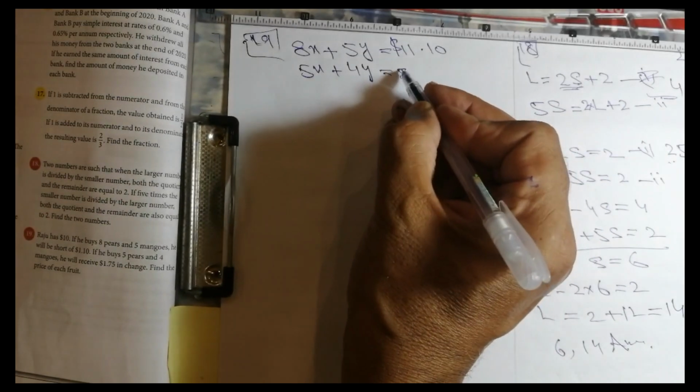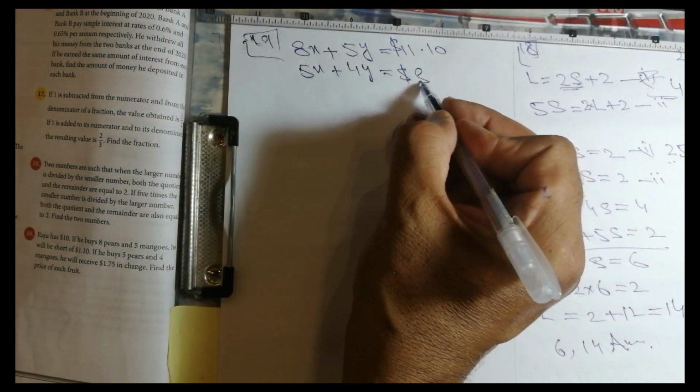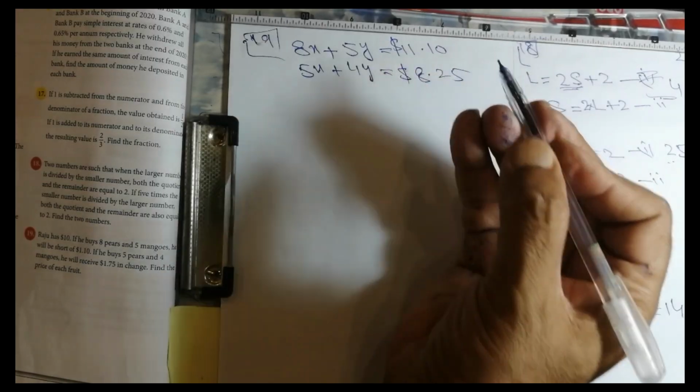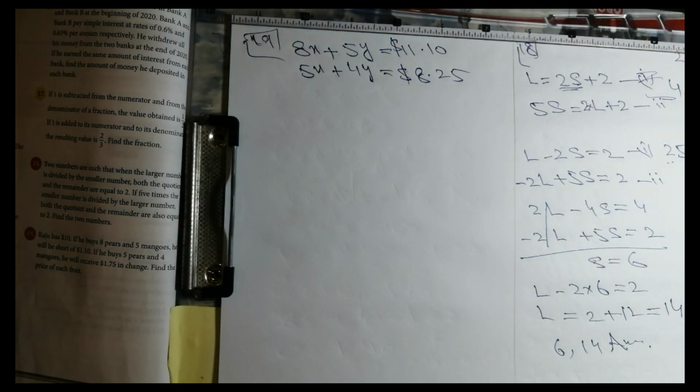So now the price is actually 8.25. So now we have the set of simultaneous equations. We need to solve them, whichever method you think is better.